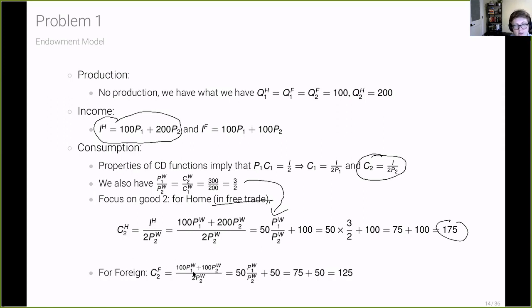For foreign, I can do the same thing. I plug in foreign's income here, and likewise that yields a value of 125. So this is basically plugging into the formulas, taking the income that we have and plugging in world prices to give us values of consumption.